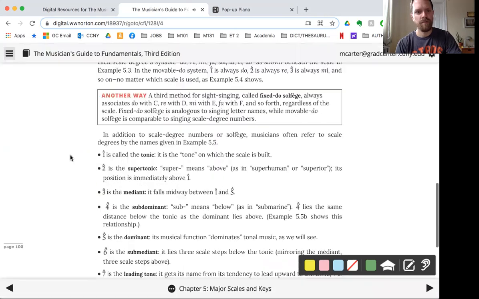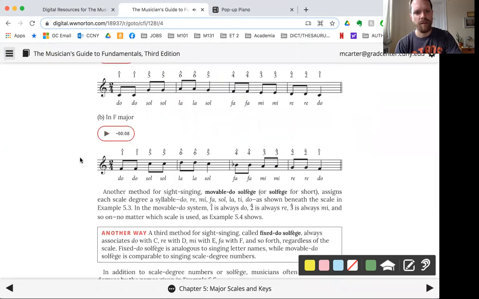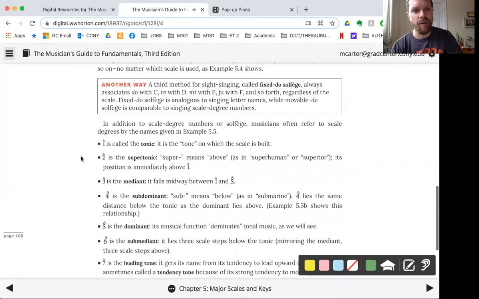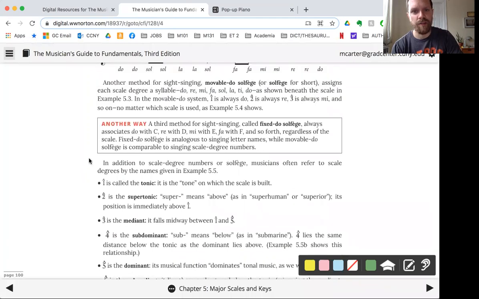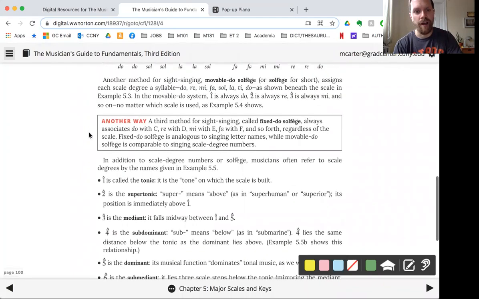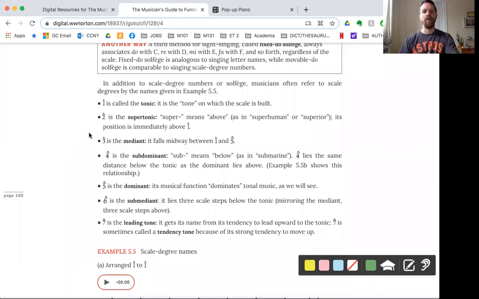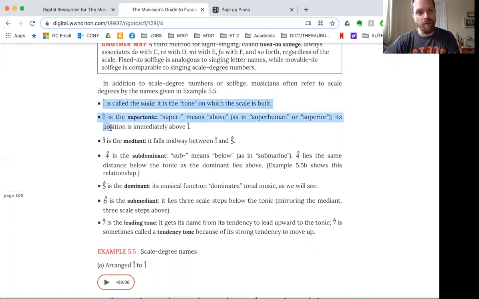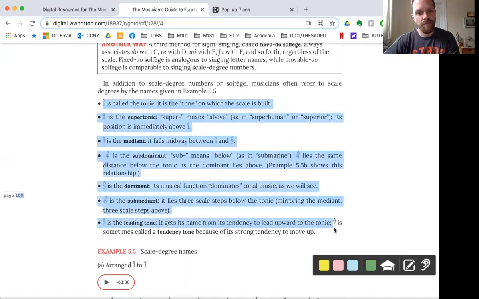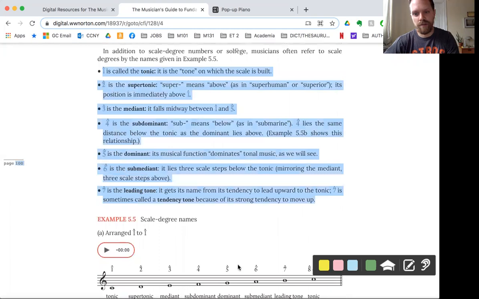And then it talks about the solfege here, and read through that, get an idea of what it's doing there, but I won't ever refer to those sort of things. Now, these you do need to know, these fancy names for scale degrees. So there's 7 scale degrees, right? You should highlight this.